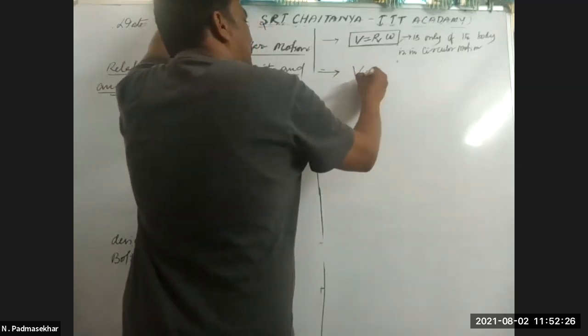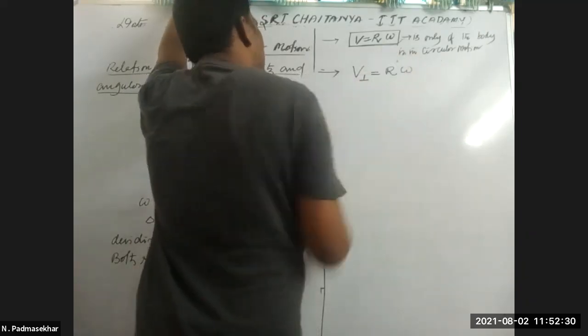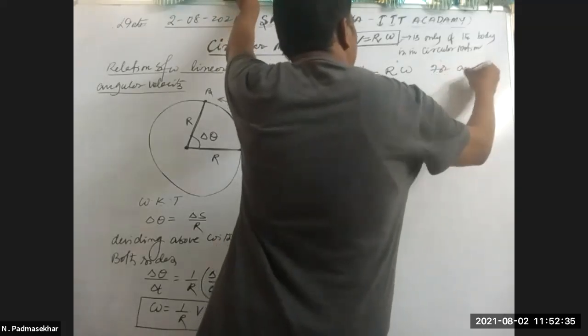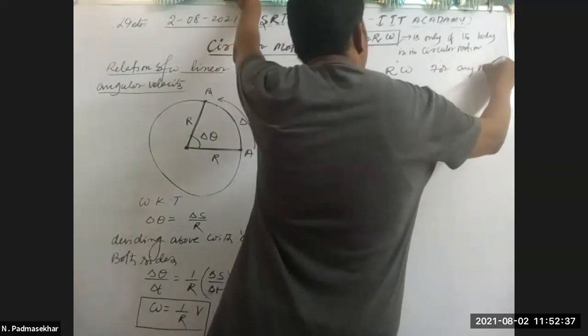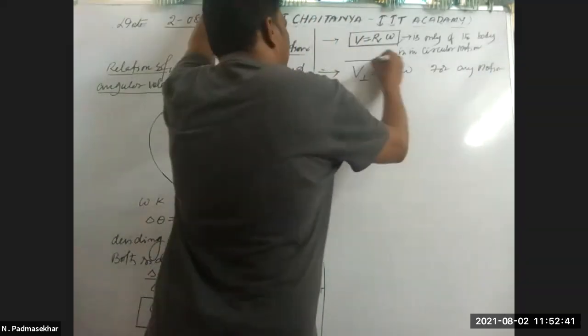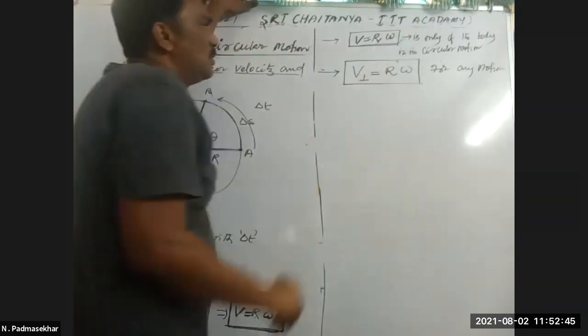The correct relation is V perpendicular is equal to R omega, for any motion, and for circular motion also.